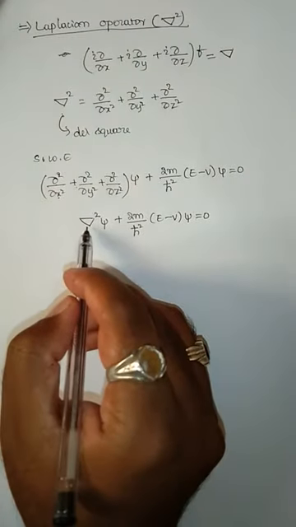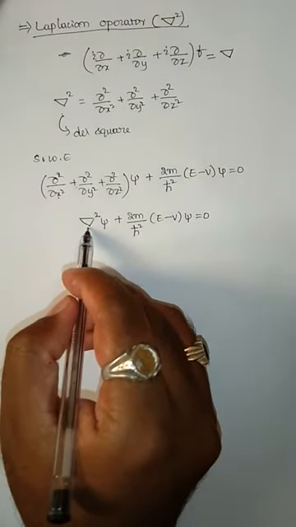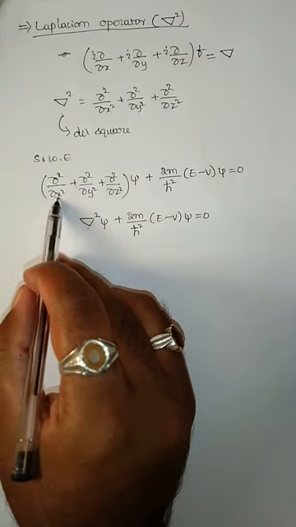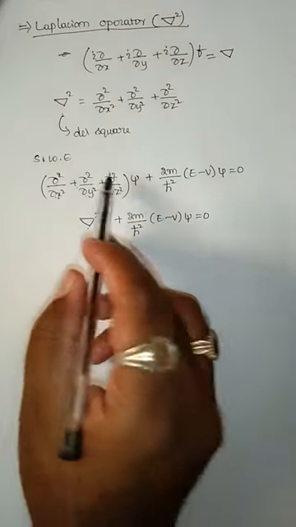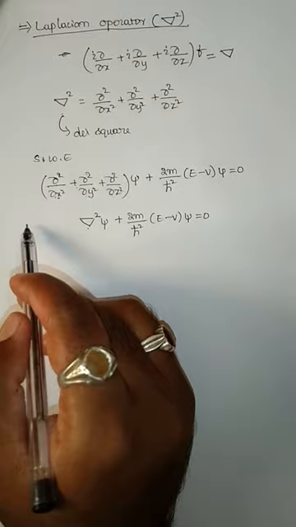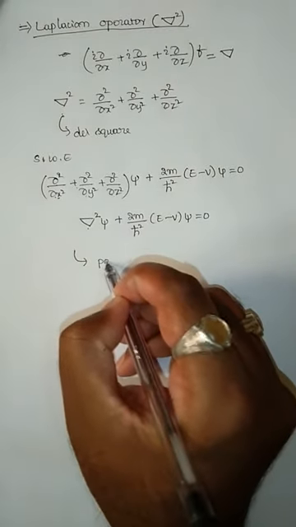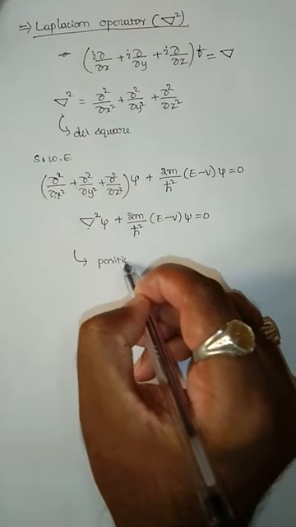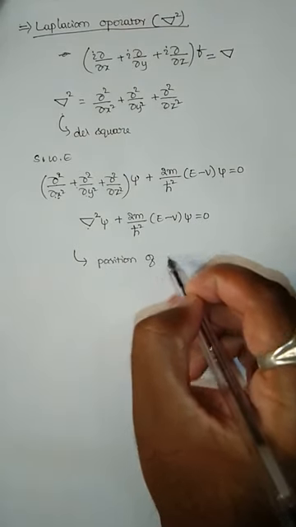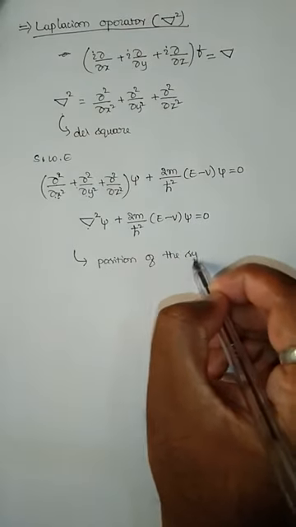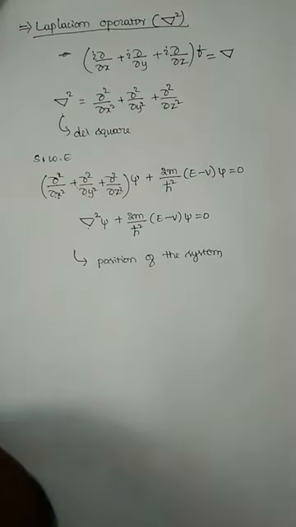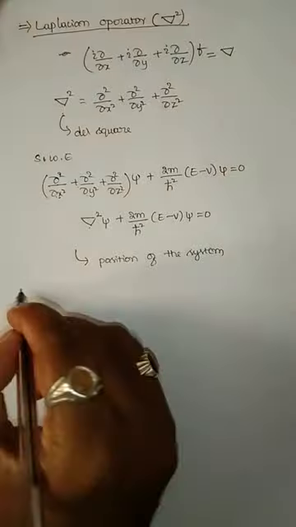So here you can observe this Laplacian operator del square accounts for the x, y and z coordinates of the wave function. So we can say this Laplacian operator mainly gives information about the position of the system. That is the significance of the Laplacian operator.